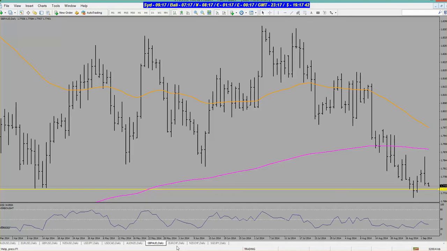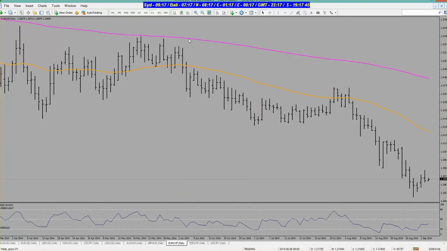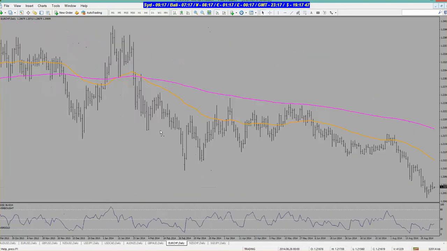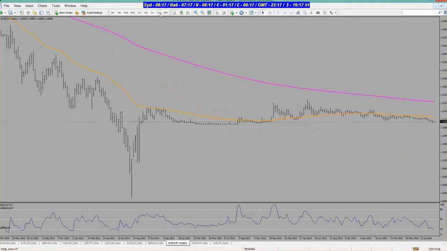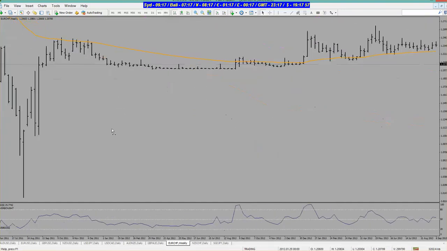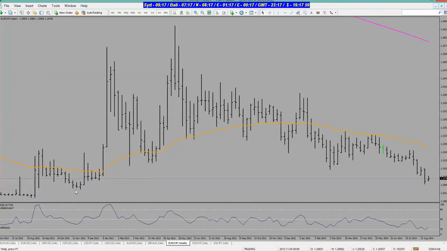2063. That level there. Don't know how strong that is.